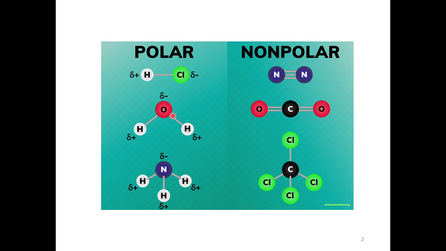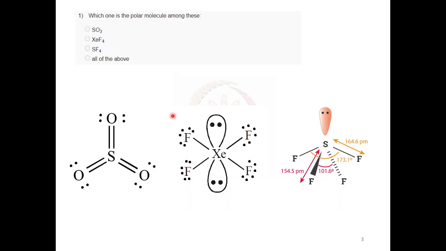Let's say if you consider CH4, which is tetrahedral, it is also non-polar. Now this is the first example, which is the most polar molecule among these. You have SO3, where you can get a C2 axis and C3 axis on S, so this is a planar molecule, and overall this molecule is non-polar.